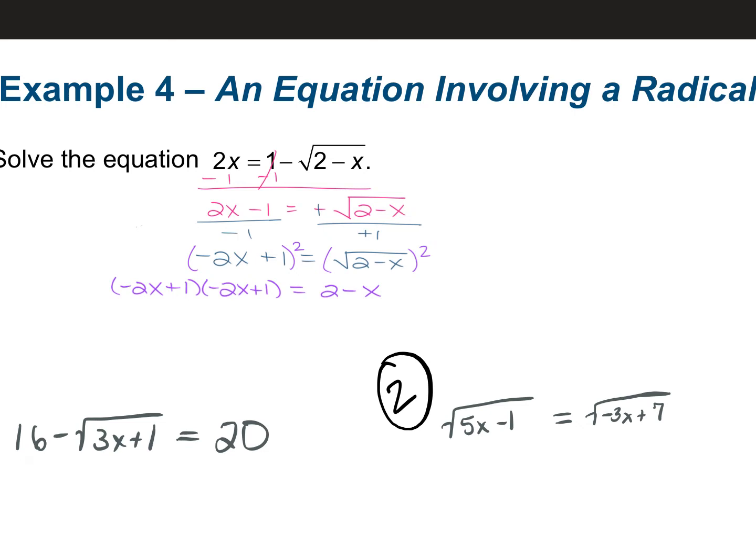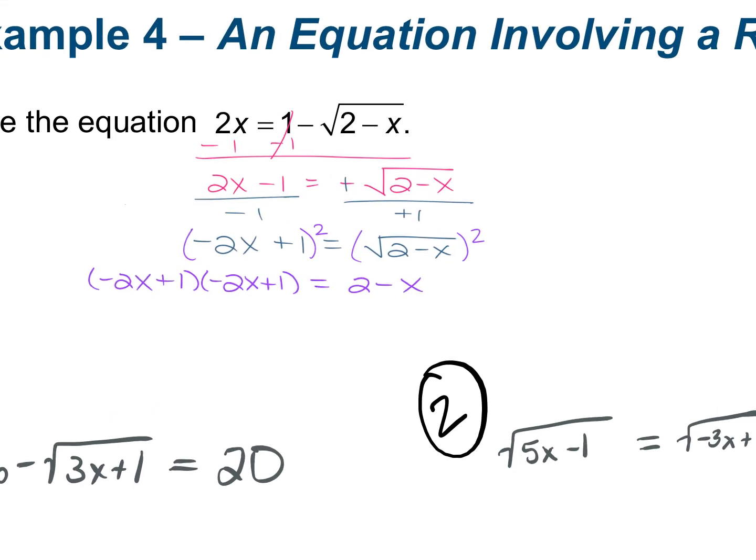All right, so now from here, when you FOIL this, it should give you 4x squared minus 2x plus 1 is equal to 2 minus x. So then these 2's simplify to give you 4x squared minus 4x plus 1 is equal to 2 minus x.